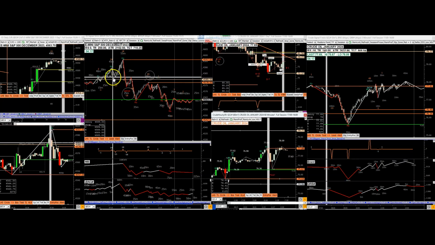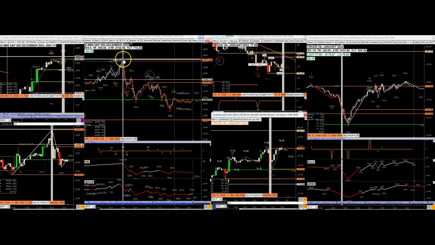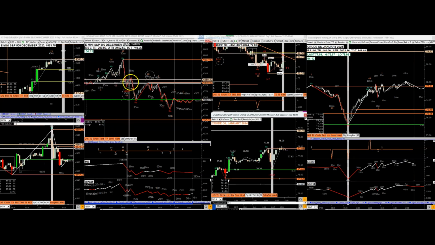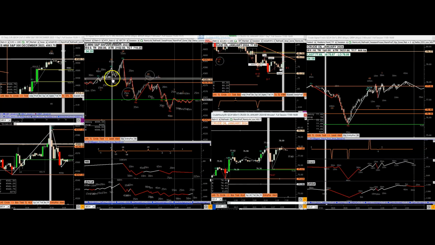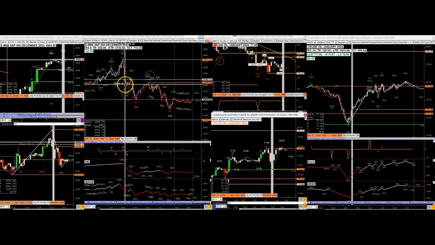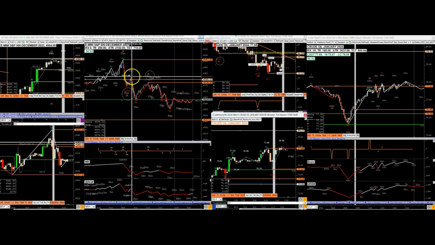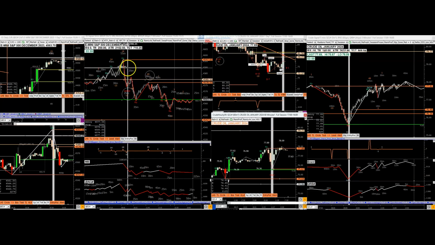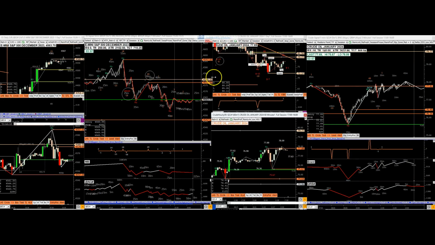It's a very shallow pullback. Basically, it pulled back and only tested this area. It's the exact test of the ice. It's very shallow, like 33%, something like that. So if this went up here, it would definitely be a short. Ready to take, slam, sell, sell, sell, sell, right?